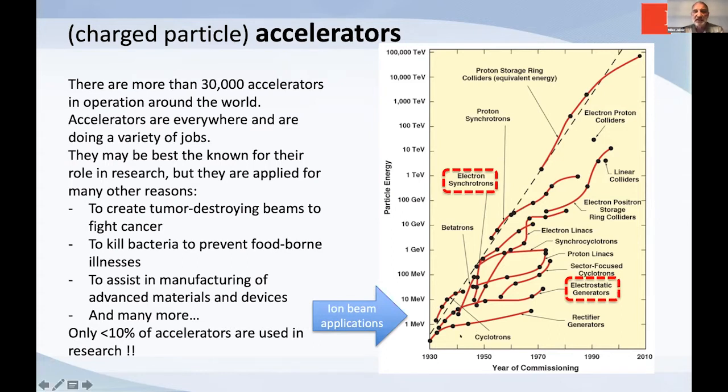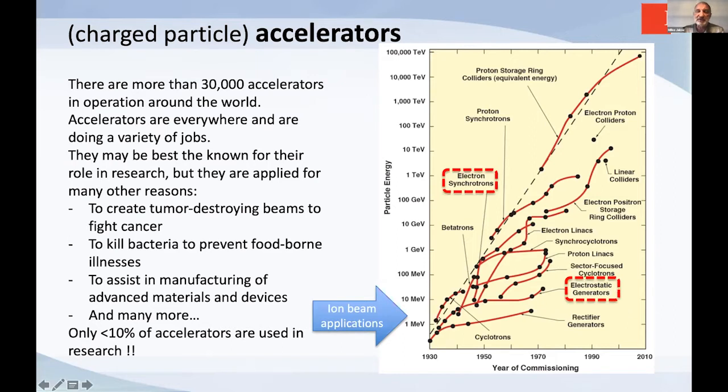You can see how the particle energy that accelerators deliver has evolved over almost 100 years now. Well, 90 years, from the first accelerator in 1930 by Walton.